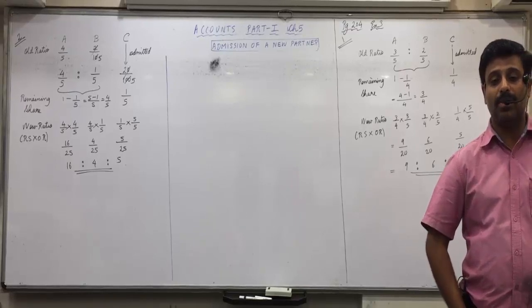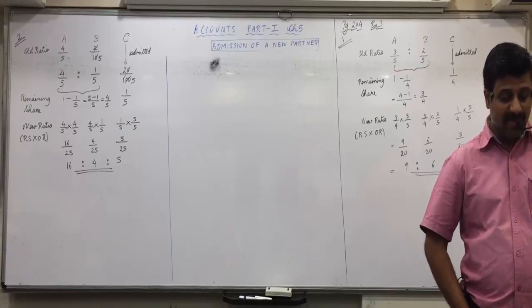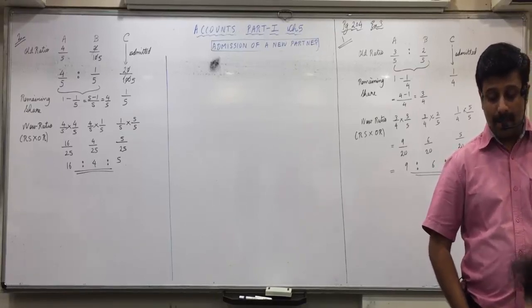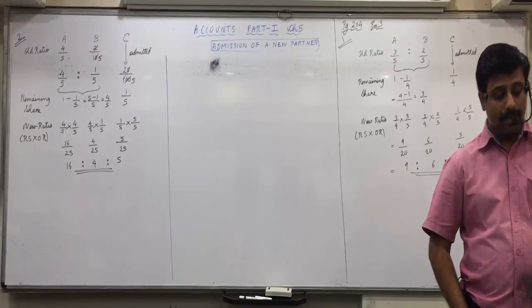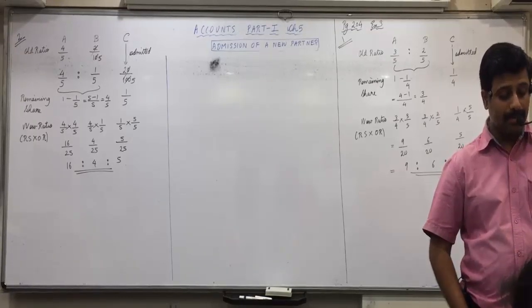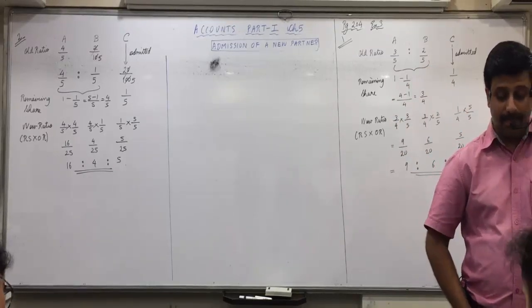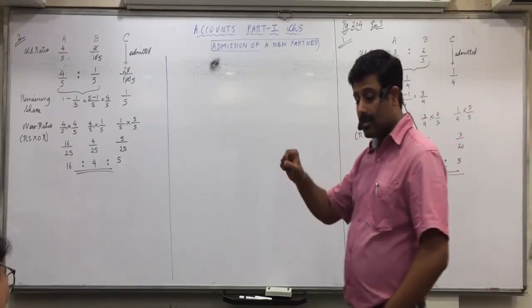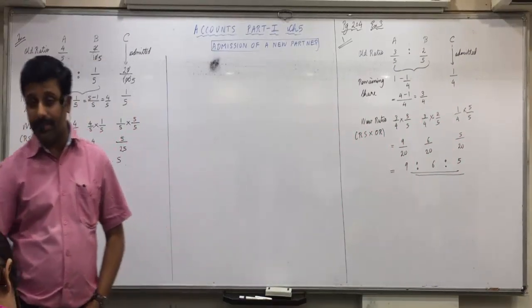First, find the new ratio and keep it blank. I'll tell you afterwards. Don't write, keep some space.